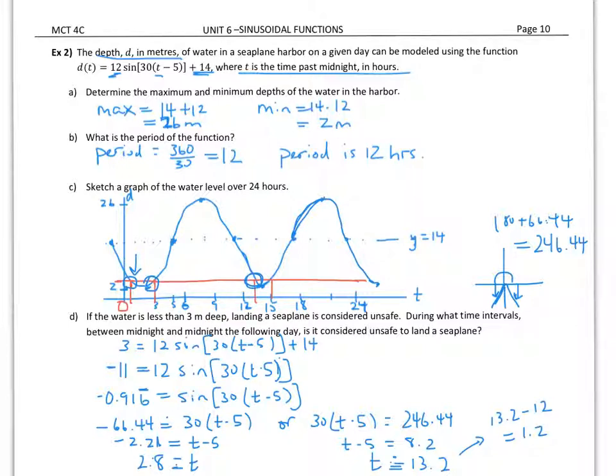So about 1:12 a.m. I've run out of room, so between 1:12 a.m. and 2.8. So 0.8 times 60 minutes, that's 48 minutes.